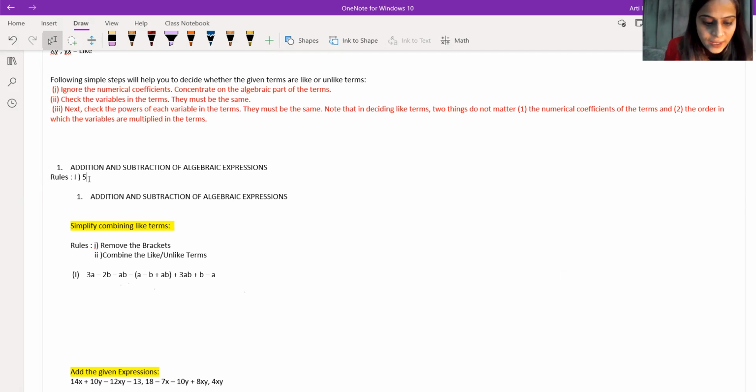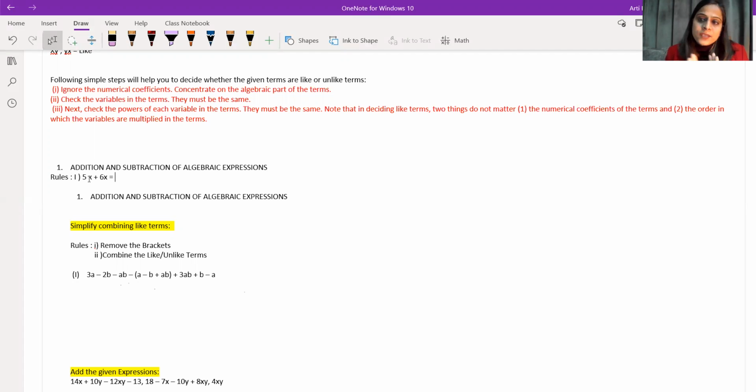Now how to do addition of like terms? Suppose I want to add 5x plus 6x. Then how to add these algebraic terms or like terms? We just need to perform the addition or subtraction only on the numeric part, only on the coefficient. The variable will remain the same.